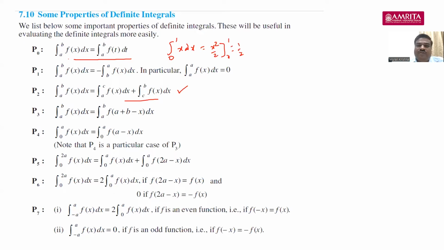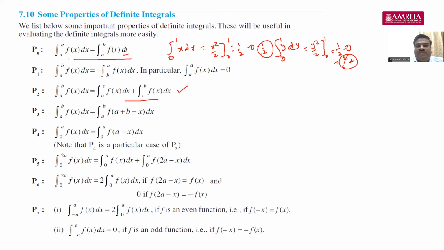If you put 1 by 2 minus 0, the answer is 1 by 2. Instead of x dx, you take y dy under the same limits, changing the variable only. The answer is y square by 2 under the limits of 0 to 1, upper limit minus lower limit, again 1 by 2. Finally, the number you are getting is the same.